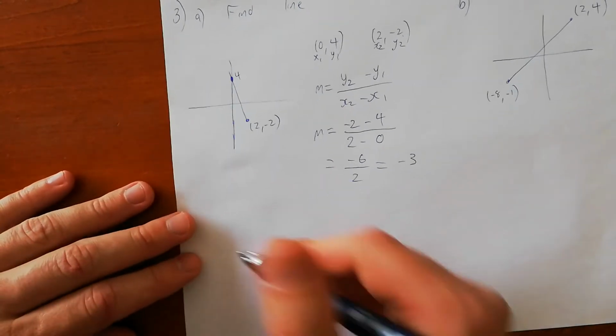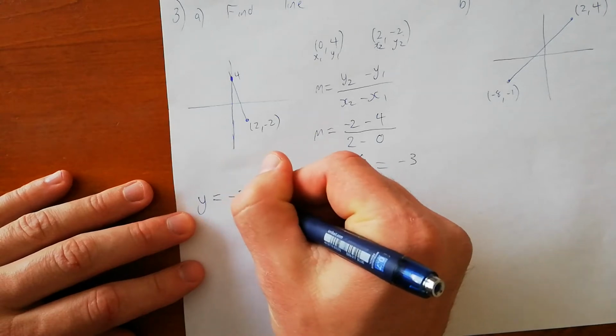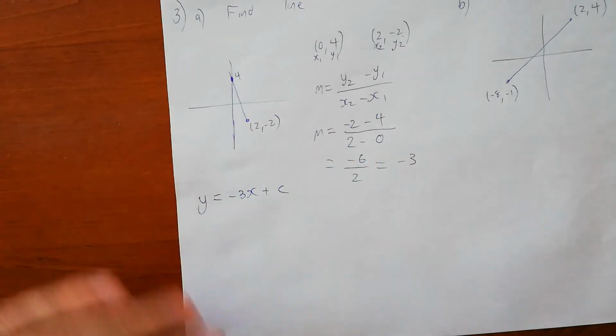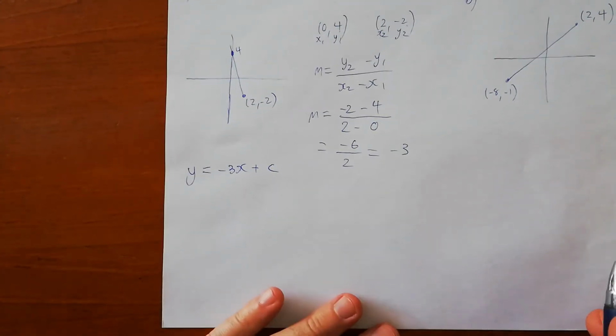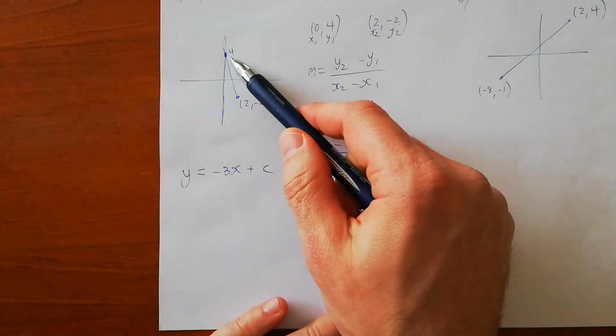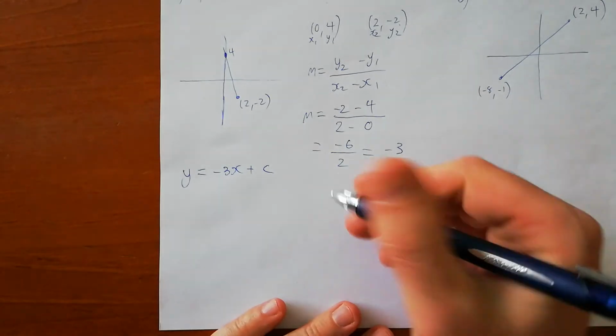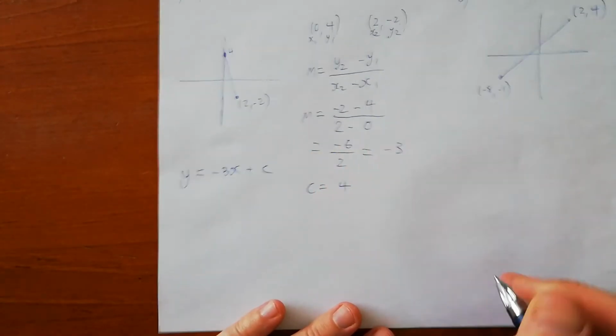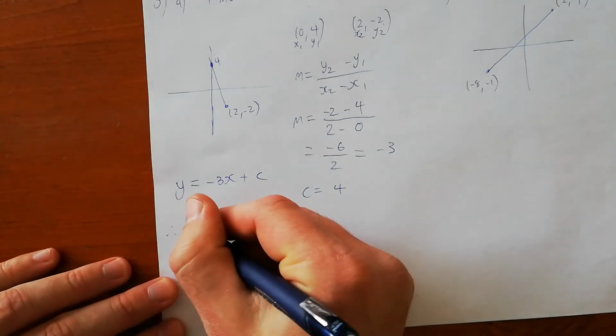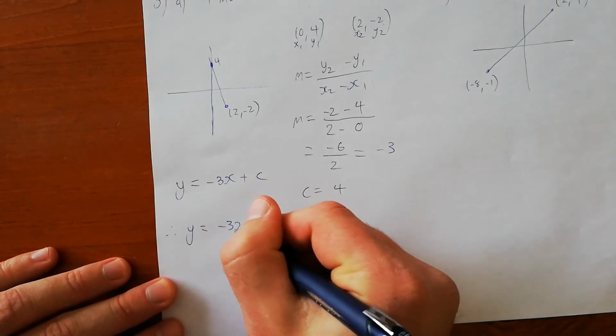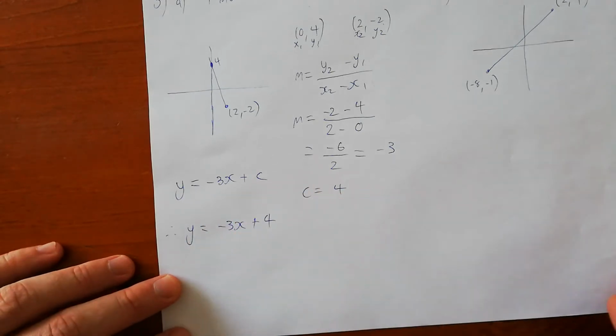So we're going to write it like this, y equals minus 3x plus c. And then in this circumstance, we're actually given the y-intercept. It's 4, okay, which means the value of c is 4. And so therefore the equation of this line is y equals minus 3x plus 4.